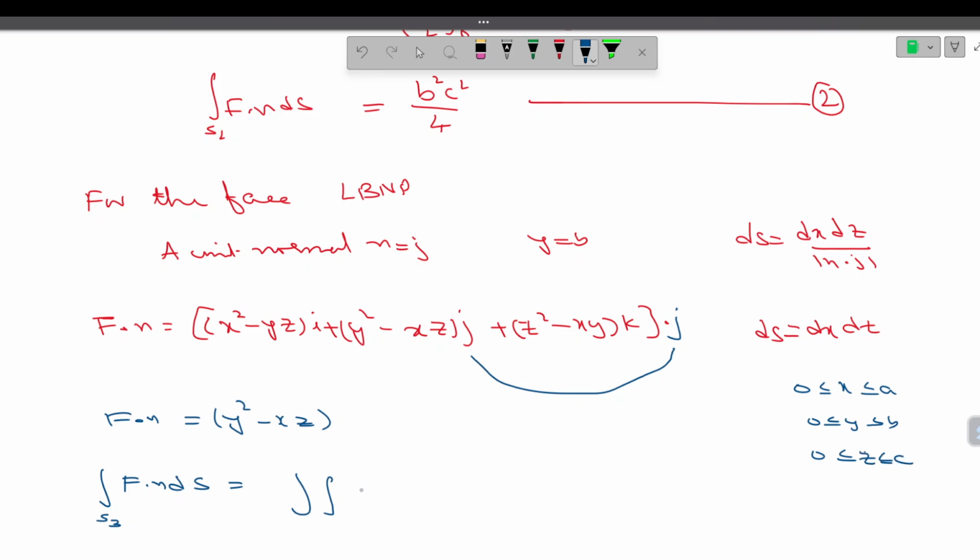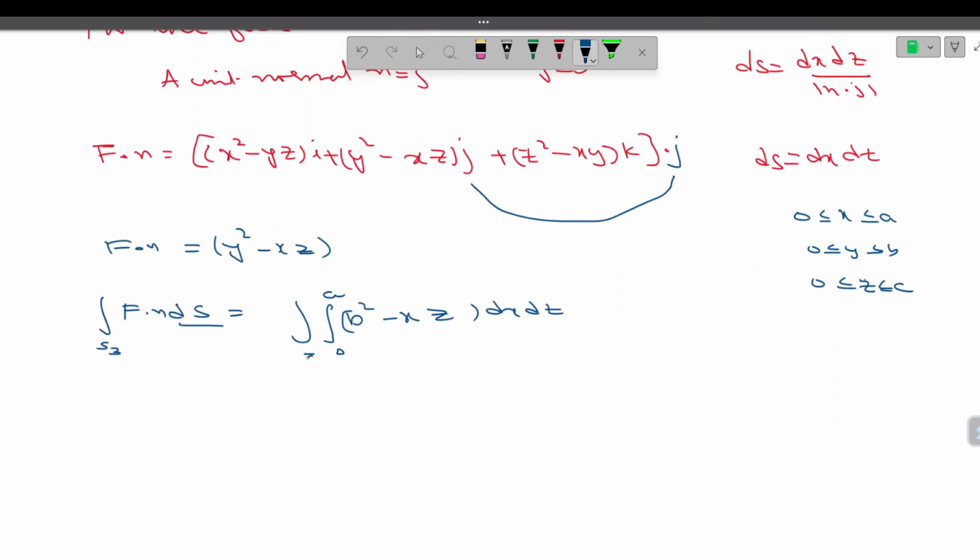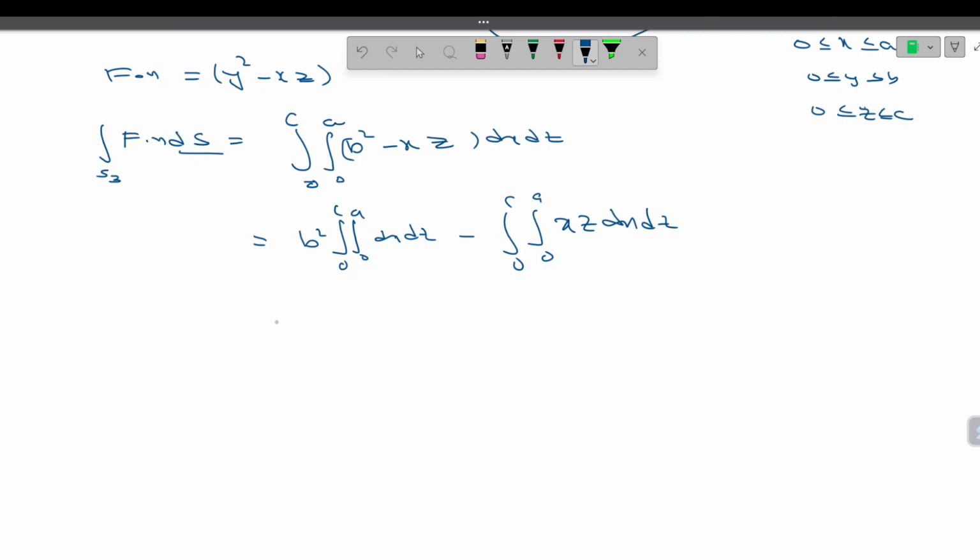So y equal to b, so b square minus xz. What is ds? ds is dx dz, and the limit of integration is x is 0 to a and z is 0 to c. What I am doing is I am taking b square outside, double integral 0 to c, 0 to a dx dz, minus 0 to c, 0 to a xz dx dz.